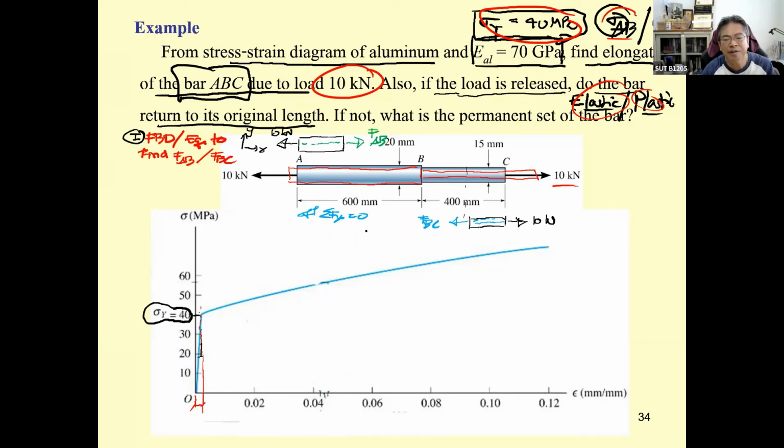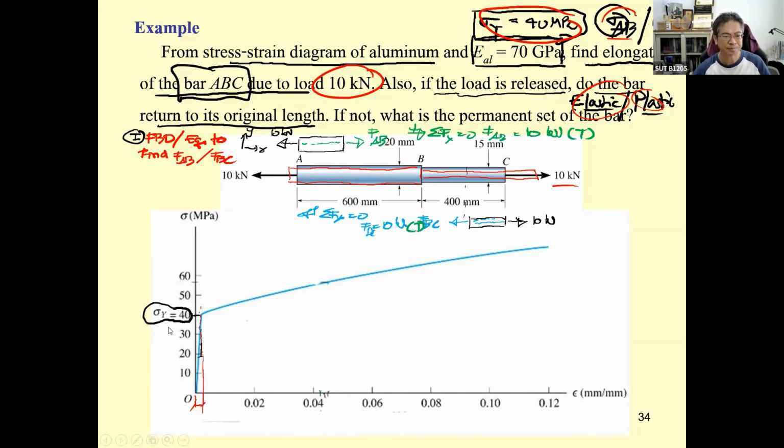Summation of F sub X equal to 0, so F sub BC is going to be 10 kilonewton. The same way for this one, summation of F sub X equal to 0. This one is positive, so F sub AB is going to be 10 kilonewton. It is in tension, and the same thing here, in tension.